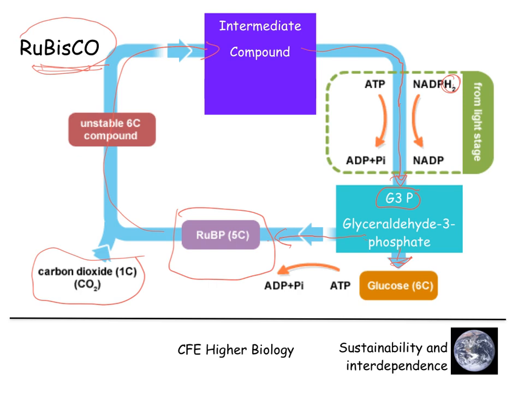That intermediate compound is then reduced by the addition of hydrogen and phosphorylated by the addition of an inorganic phosphate to produce the G3P, part of which goes on to make more RuBP, and some of that goes on to make glucose. You'll notice here as well that some ATP is used up in this process of making the G3P into RuBP.